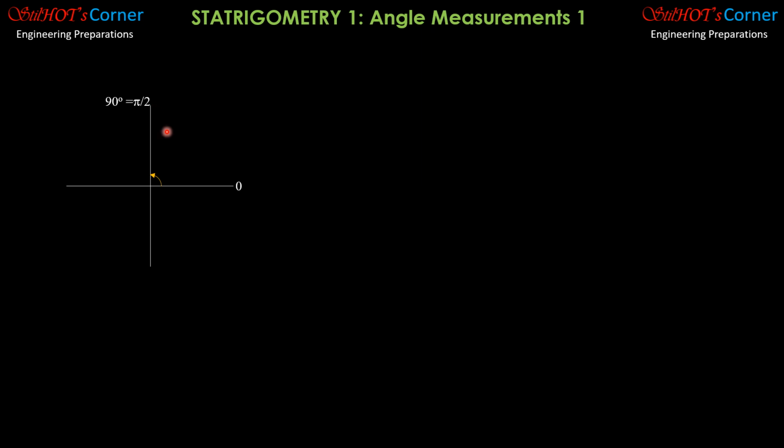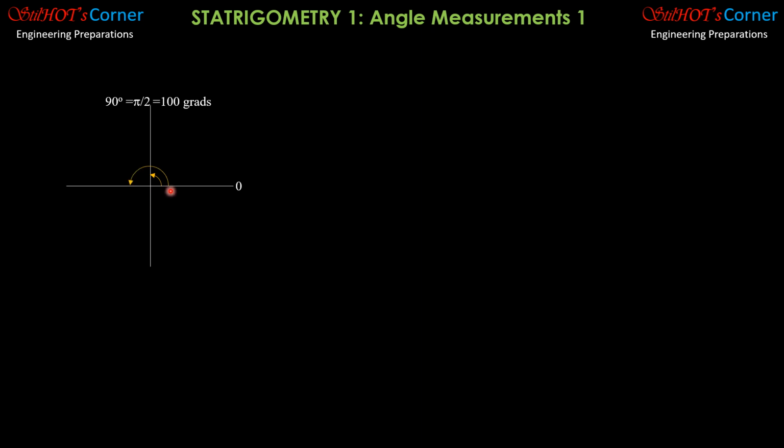Then it is equal to 100 grads. A whole revolution, one complete revolution, is equal to 400 grads, 2 pi radians, 360 degrees. So that would be the conversion later.